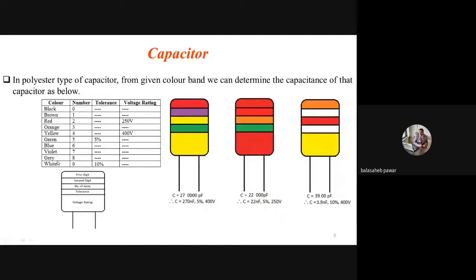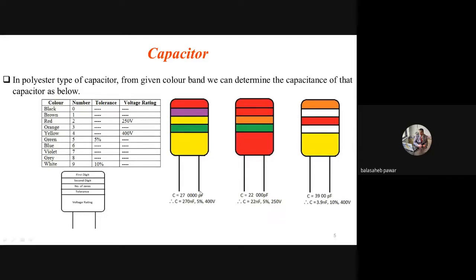So I write that 7, and instead of writing the number of zeros, you can write into 10, the same method you adopt for ceramic type capacitors as well as resistors. So here also you can write 27 into 10, and its power should be the number assigned to the third color band. The shown third color band, in this case, is yellow, so its assigned number is 4, so 10 raised to 4.